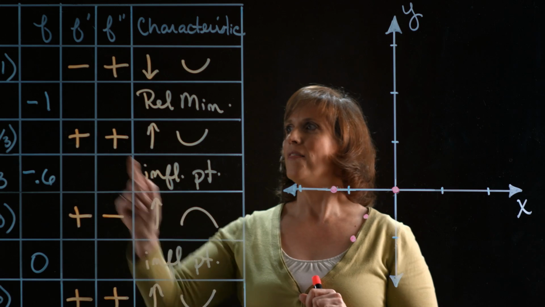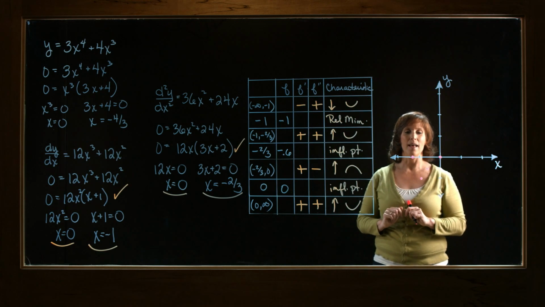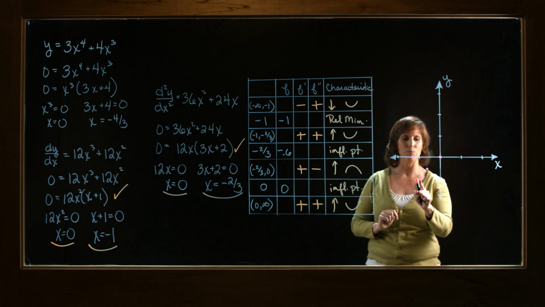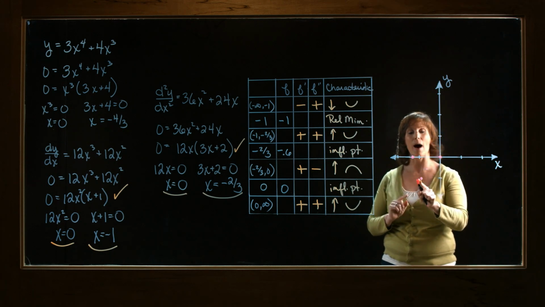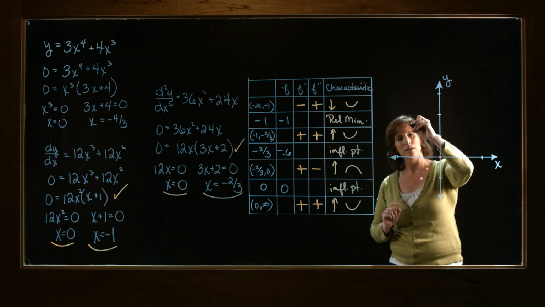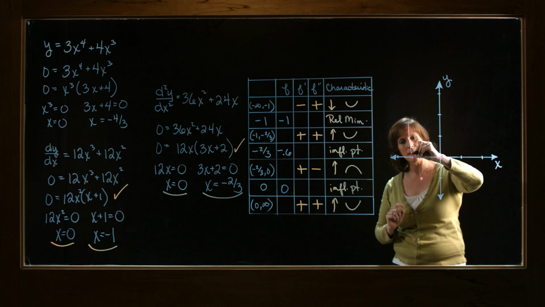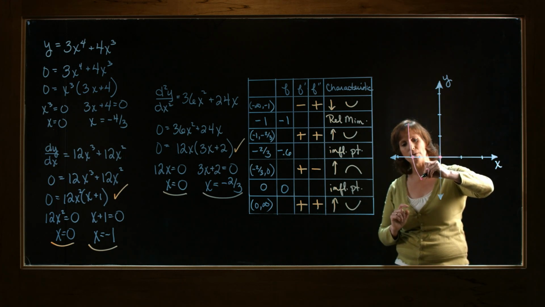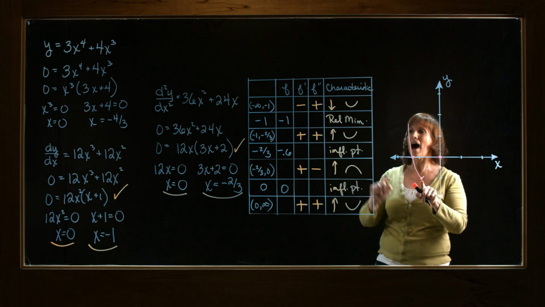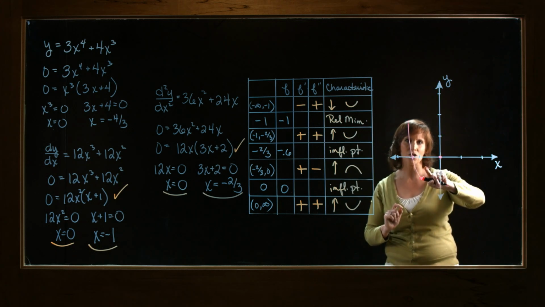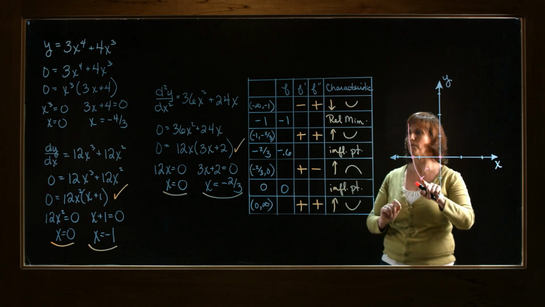So I know that from -infinity to -1, that means until I hit this point right here, my graph will be decreasing and concave up. I also know that at -1, -1, I have a relative minimum, so there's a nice turn in my graph at this point.